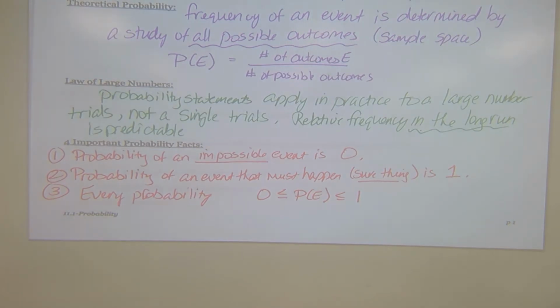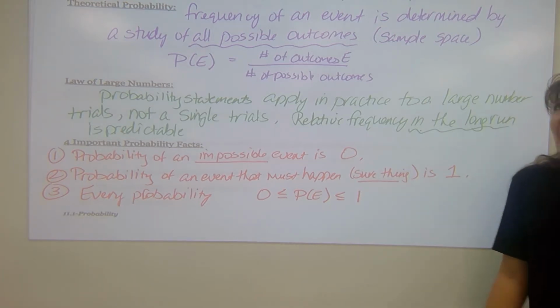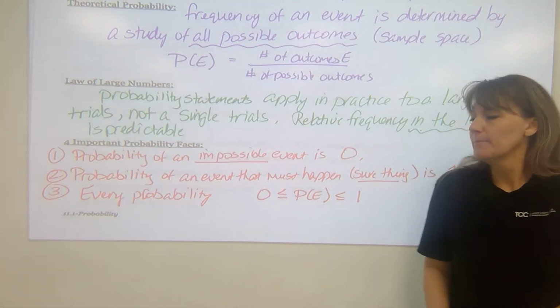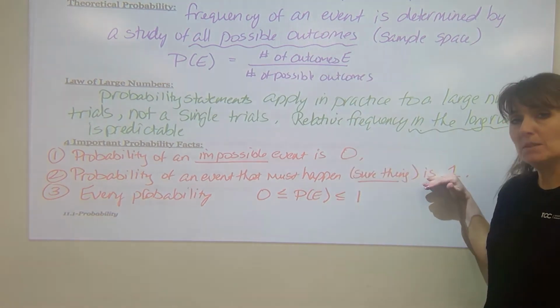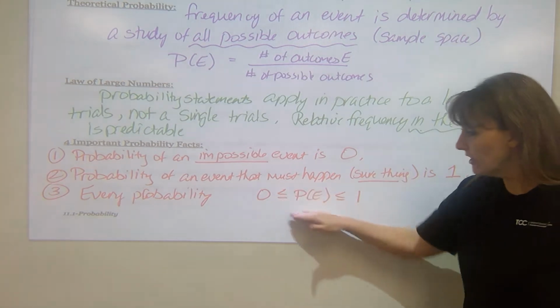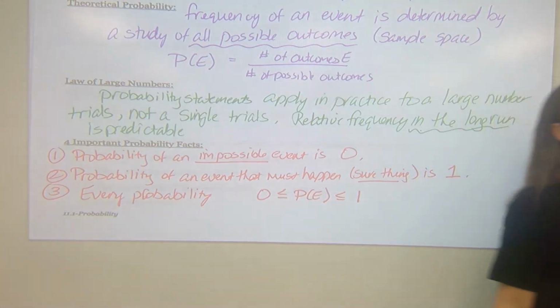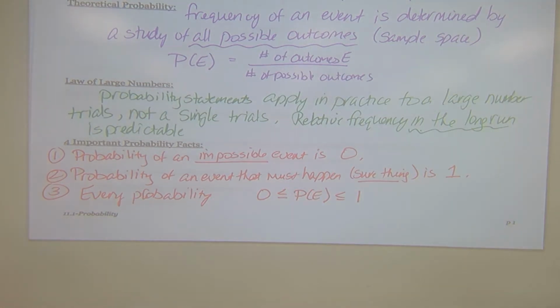You can't have anything else. I can't say the probability of something happening is 2.3. That doesn't make any sense. If it can't happen, the probability is 0. If it has to happen, the probability is 1. And everything else falls somewhere in the middle. Because of that, could I have a negative probability? No. Negative numbers don't come between 0 and 1.